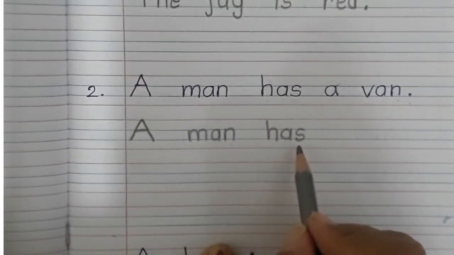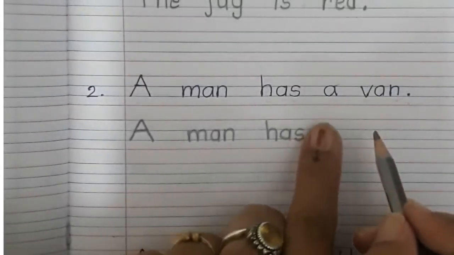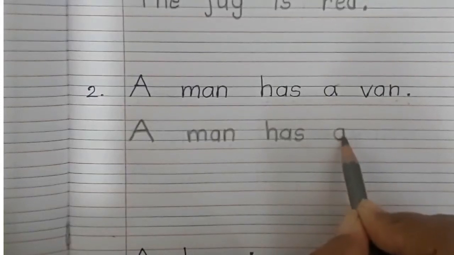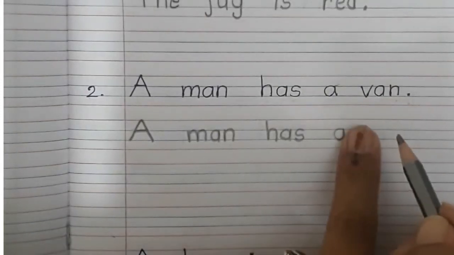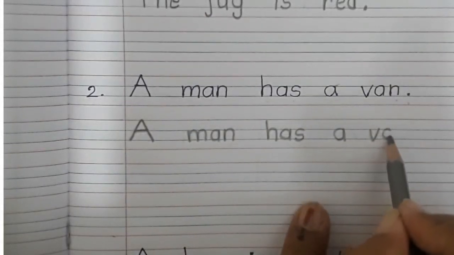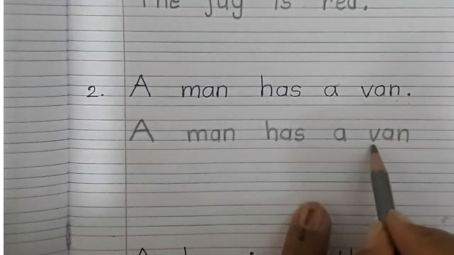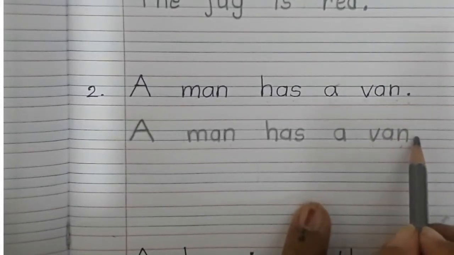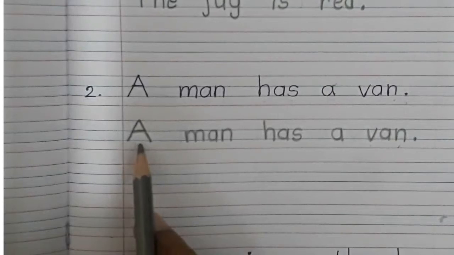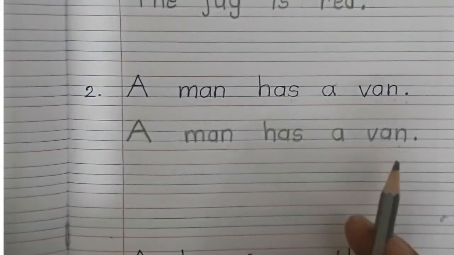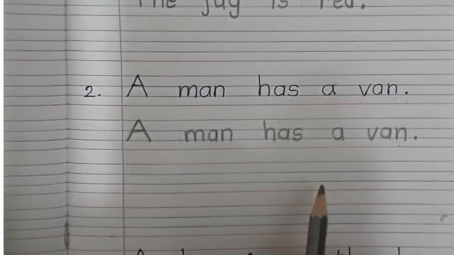Then again one finger space. Then small a. Again space. Then VAN, van. Then we will put full stop. A man has a van. मतलब कि मैन के पास क्या है? Van.